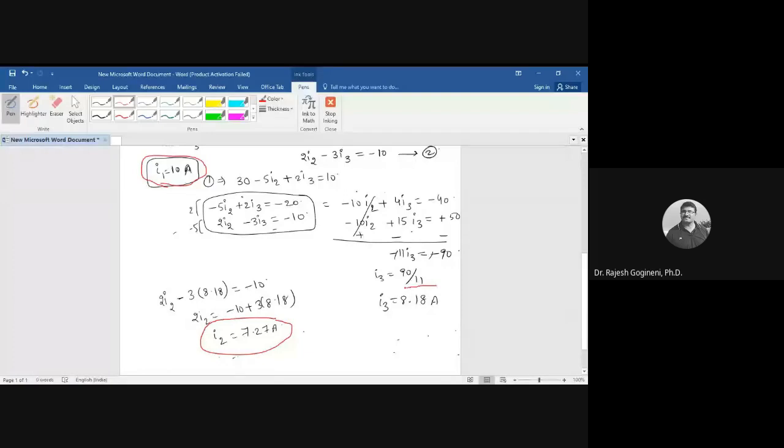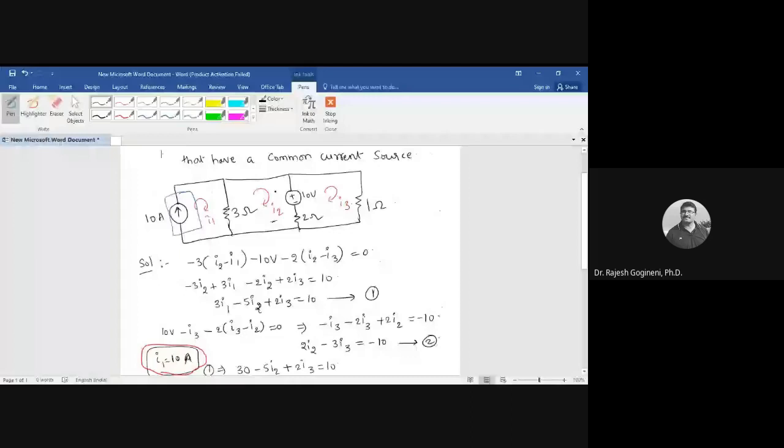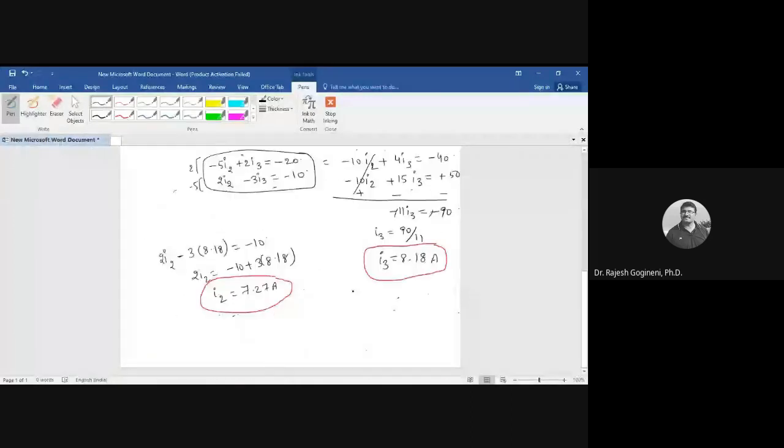I3 8.18 amperes, right? So there is only a slight difference if a current source is present at any boundary. That means in an outer loop, if a current is present in the outer loop, simply neglect that loop.